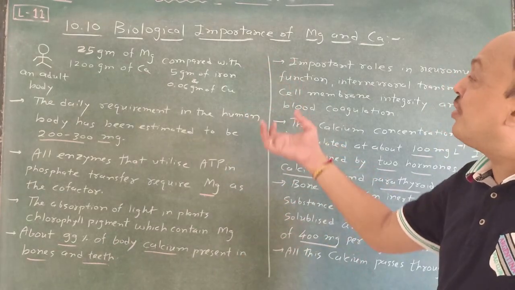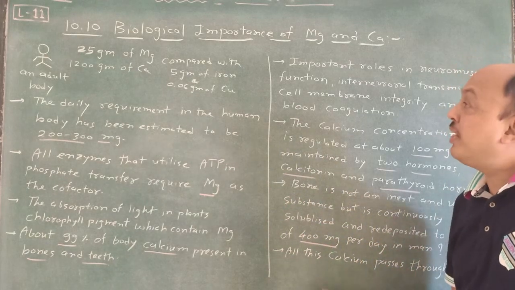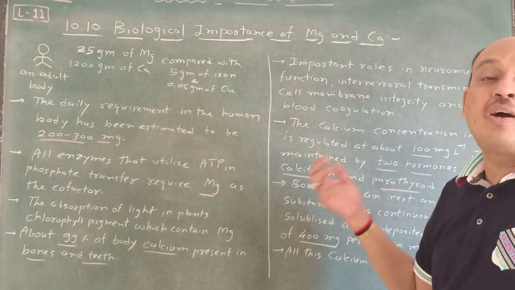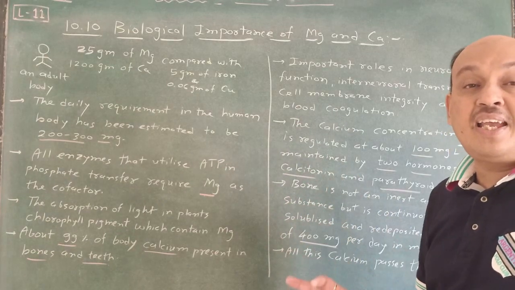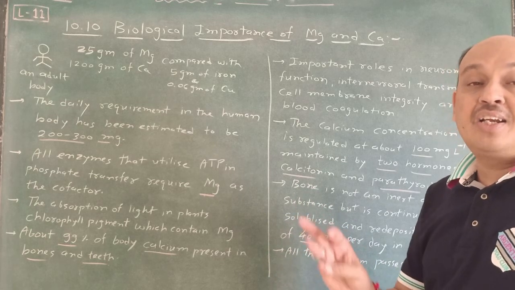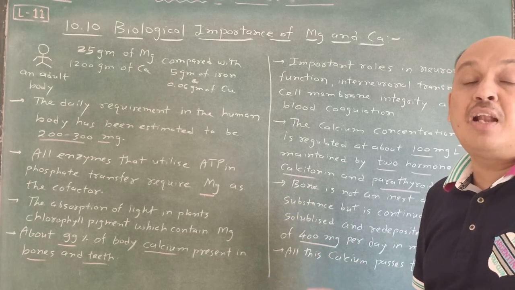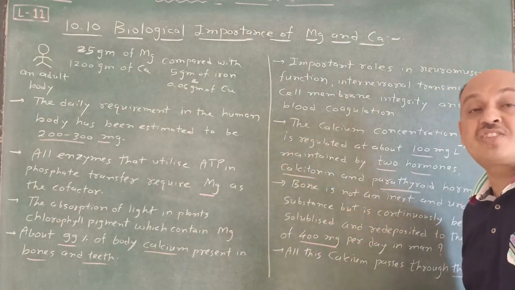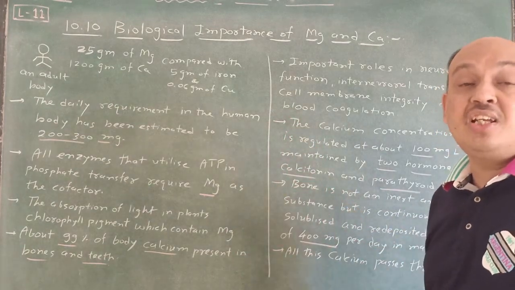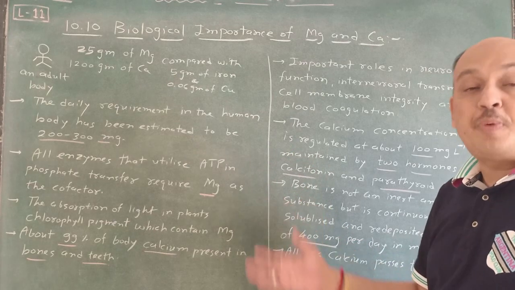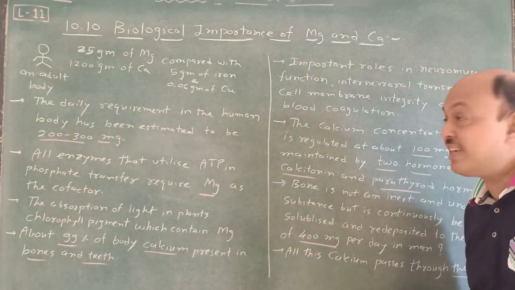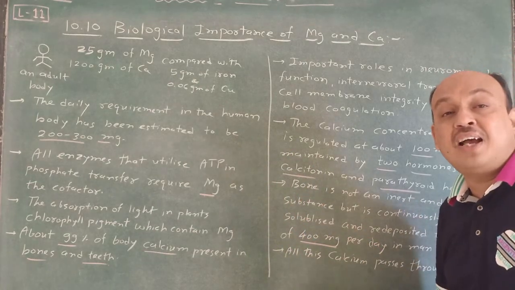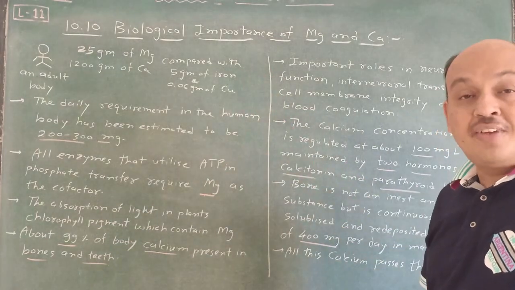Certain terms you have to remember. If you prepare chapter number 3 completely well, atomic radii, ionic radii, ionization enthalpy, electron gain enthalpy and electronegativity, and then certain thermodynamics terms like endothermic reaction, exothermic reaction, spontaneous and non-spontaneous reactions, then this chapter becomes very easy for you.